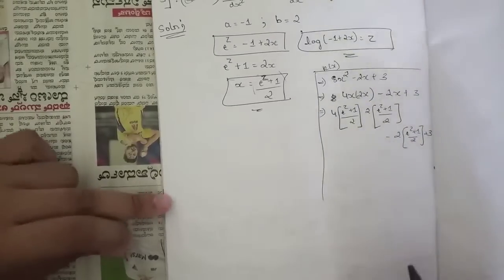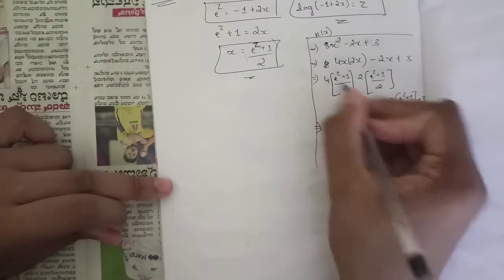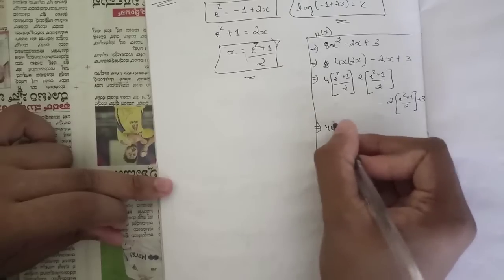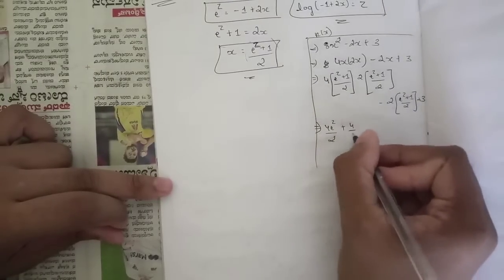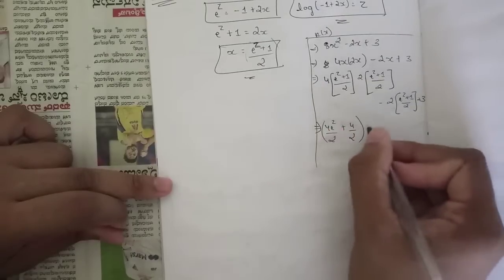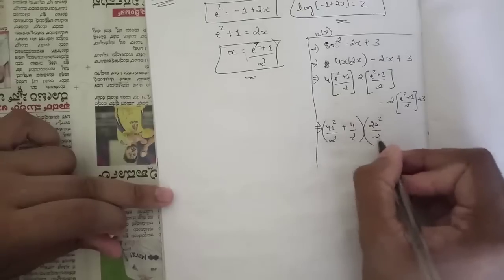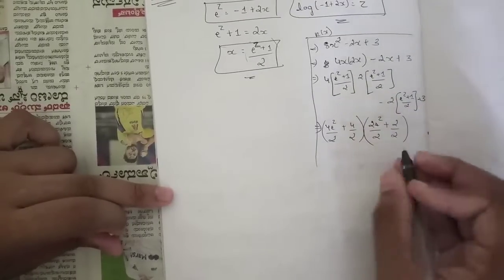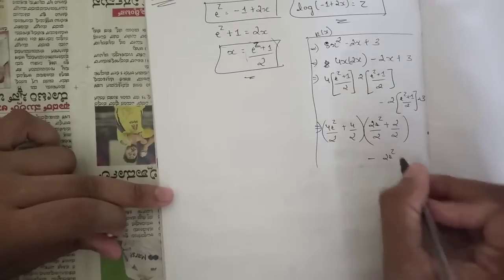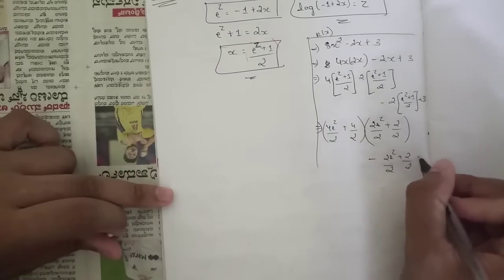plus 3. Now multiply this 4, so it would be 4 e power z by 2 plus 4 by 2, into 2 e power z by 2 plus 2 by 2, minus 2 e power z by 2 plus 2 by 2, again plus 3.